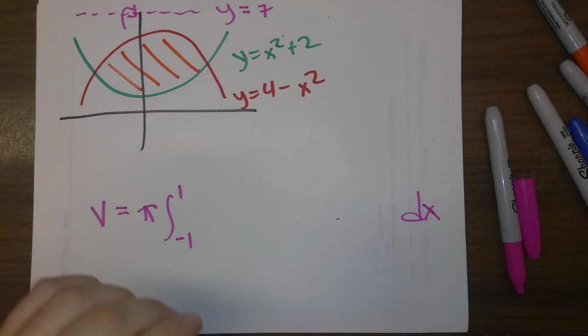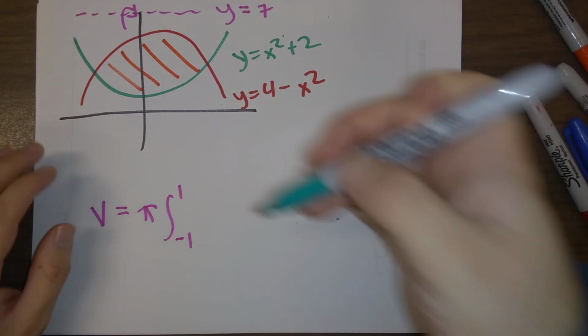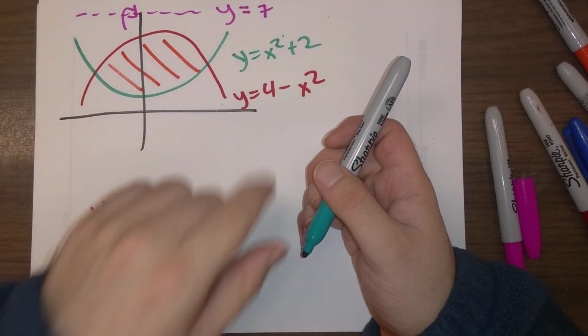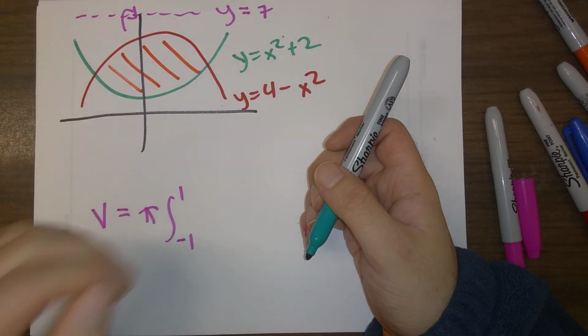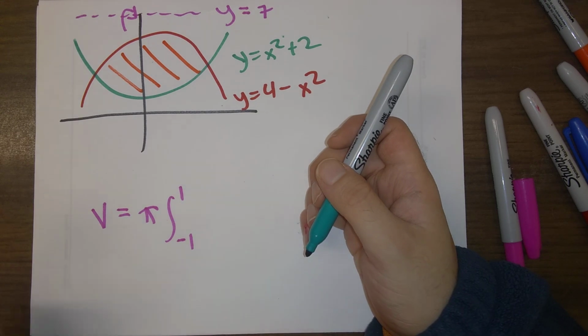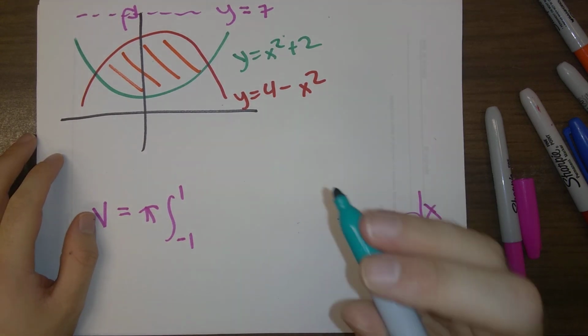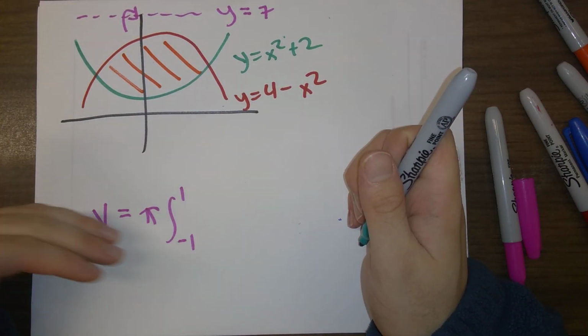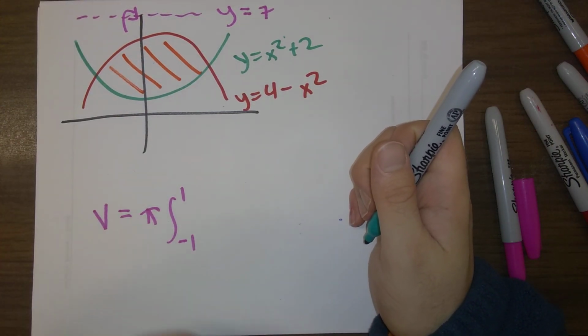Well, when we think about this, we might say, oh, this red one, y is equal to 4 minus x squared, that is the bigger one, that's our outer radius. But things change now that we're rotating about an axis that is above our region, not below our region.